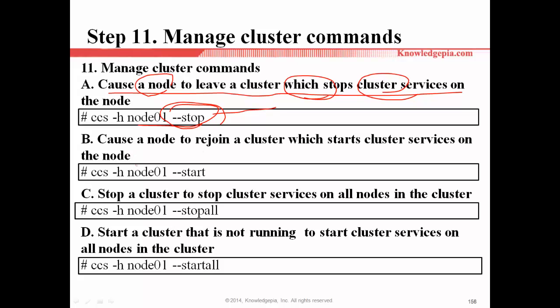And B, start. After that, if you use this command start, then this node, which already left the cluster, will join. And C, stop all. If we want to stop all the cluster services, then stop all. And after that, if we want to start all the cluster nodes, then start all.